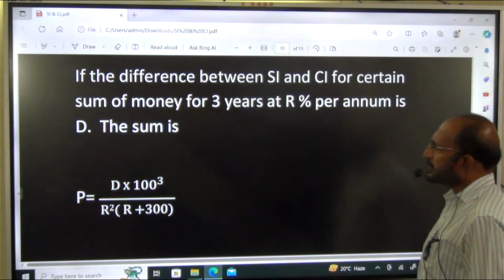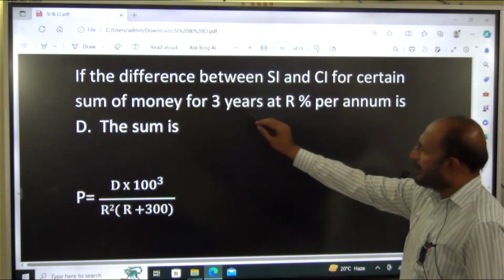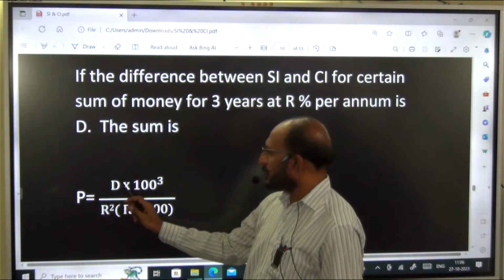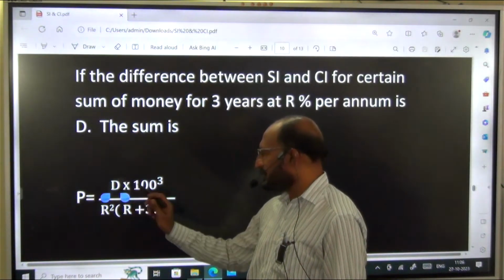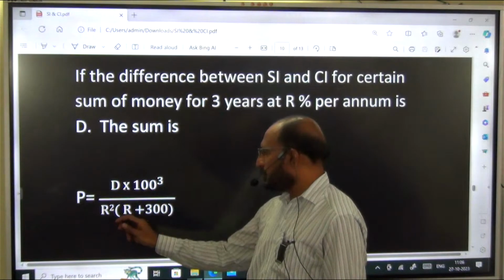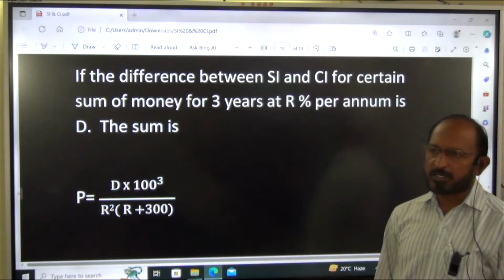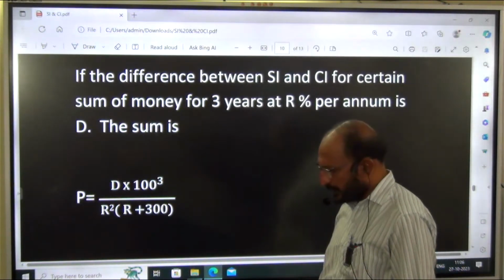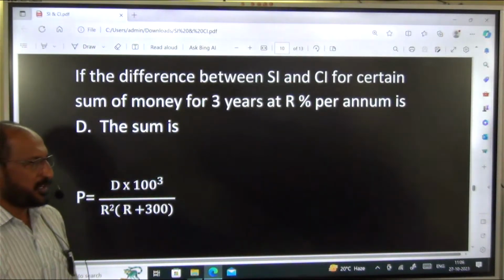If the difference between compound interest and simple interest is D for 3 years at R%, then to find the principal, use D into 100 cube by R square into R plus 300. Okay, please note it down. It is very important. These two are compulsory, any one of the problems.